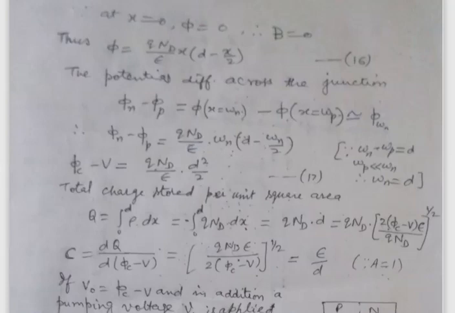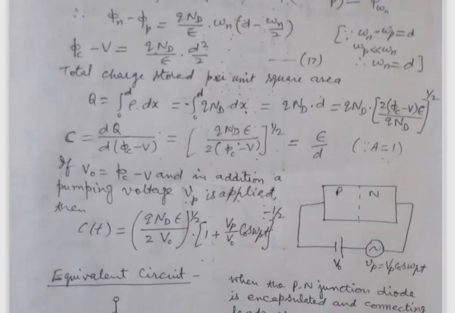Now again, as in the previous discussion where we computed the value of Q for the linearly graded junction diode, Q is given by integration between 0 to d of rho dx. Substituting for rho, this will give us Q into Nd into d, and eliminating the value of d, the expression for Q will be obtained as shown in the equation.